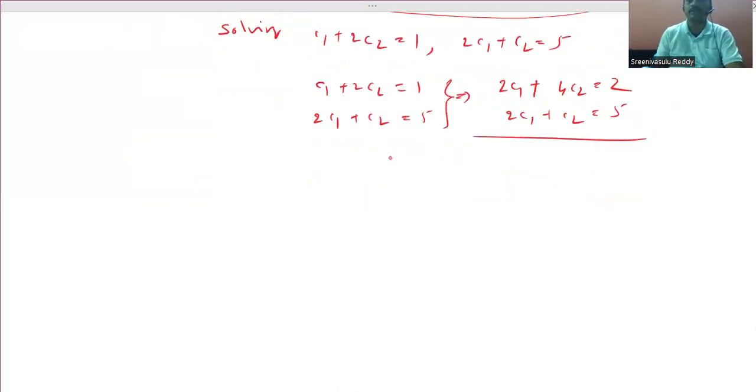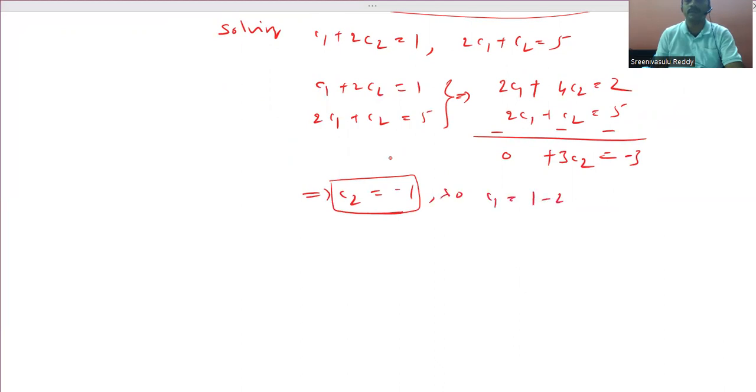This is 3C2 equal to minus 3. That implies C2 equal to minus 1. Substituting C2 value in any one of the equations. I am substituting in the first equation: C1 equal to 1 minus 2 times minus 1, which is equal to 3. Therefore, C1 equal to 3.